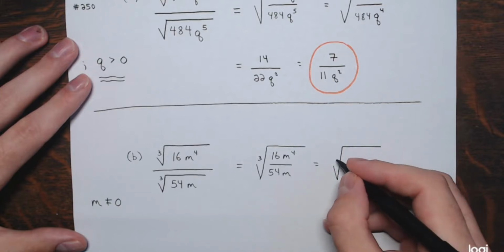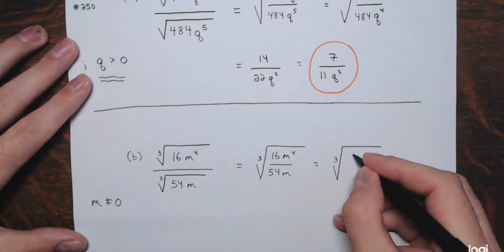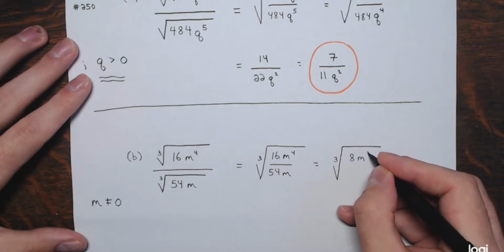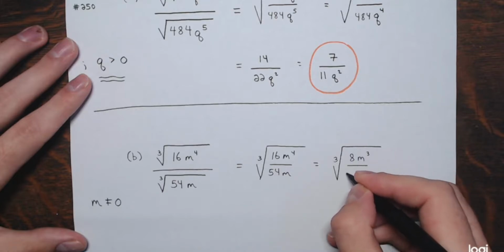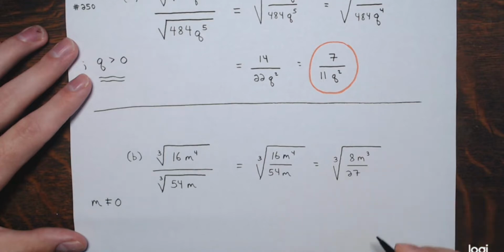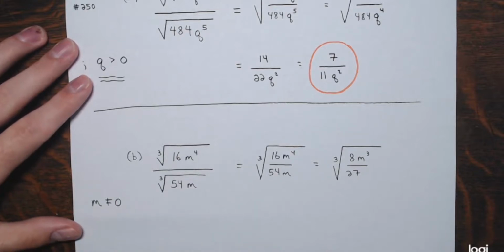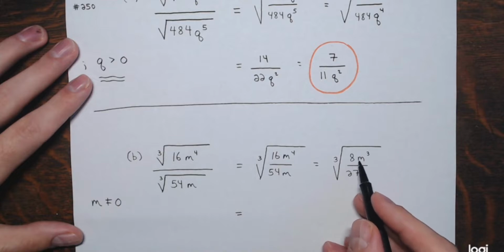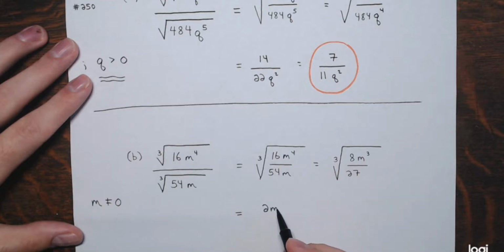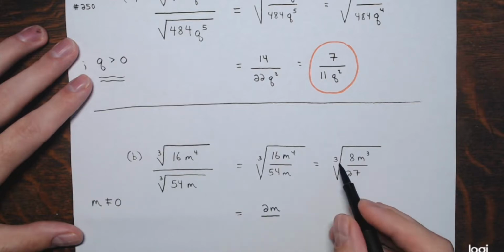Right, so this is the cube root of 8m cubed divided by 27. Right. When I cancel out the common factor of 2m. And then the cube root of 8m cubed would just be 2m. And the cube root of 27 is 3. Right?